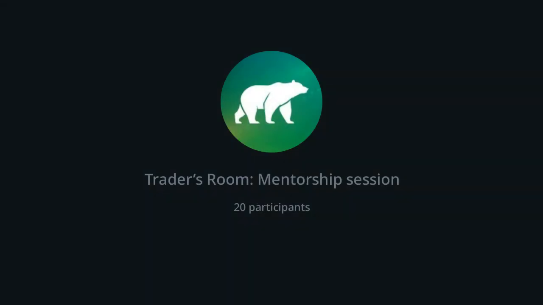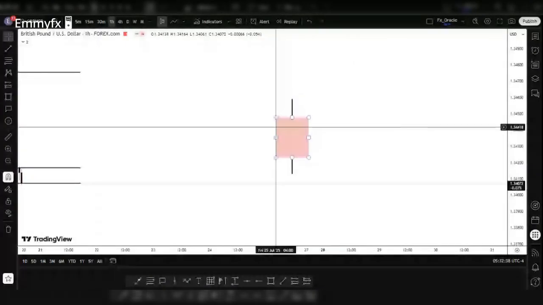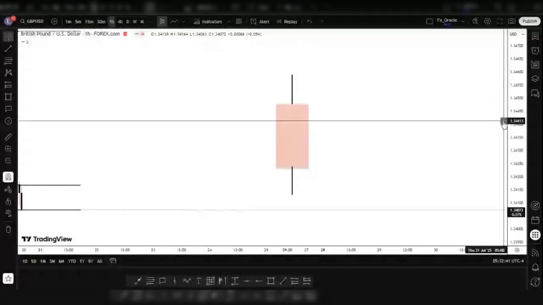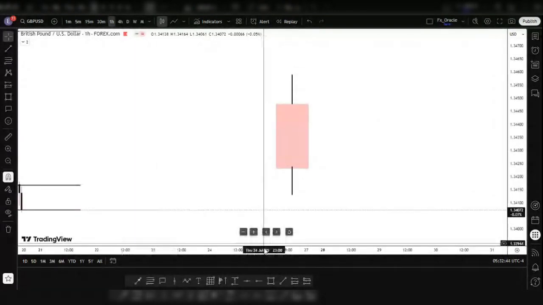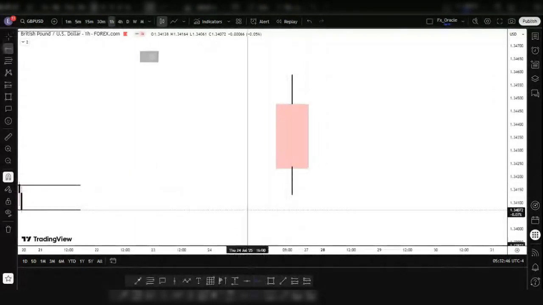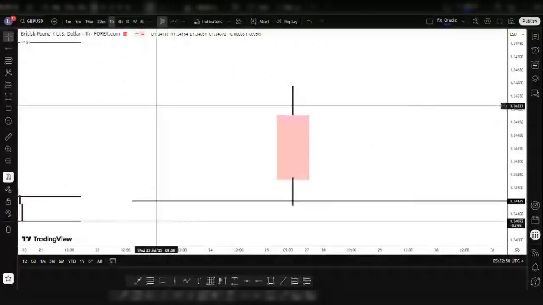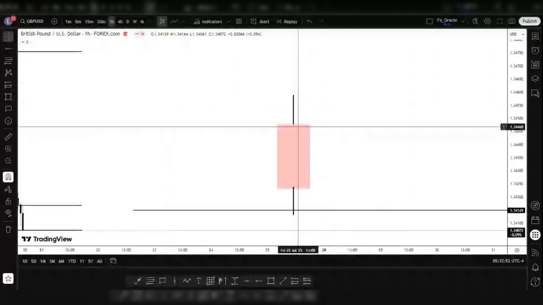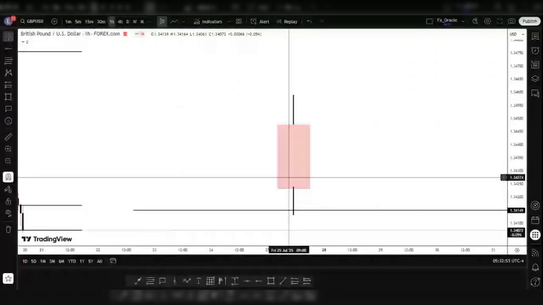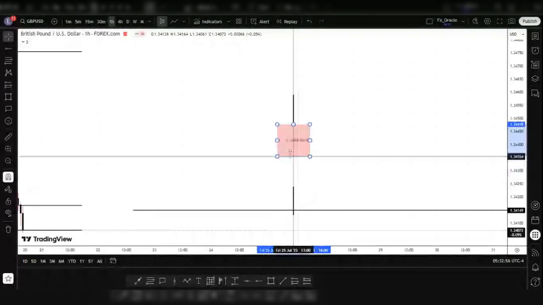Now, if you have maybe on a key level, if you are trading support and resistance, let's say we have a support here, and price sold down to this level, and you have this type of candle.